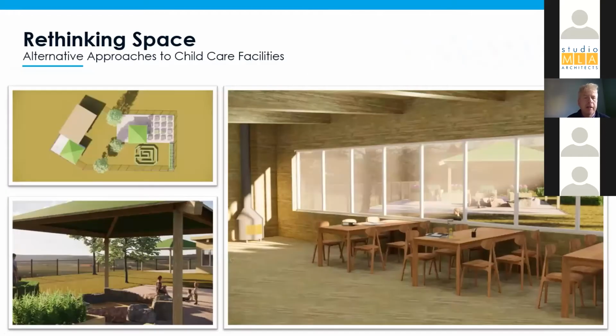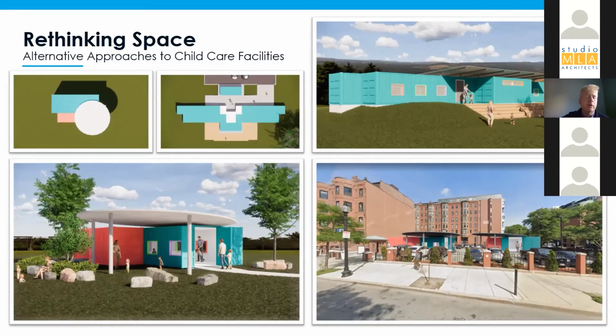I will say that in our studies, as we looked at costs in various locations, we did find that this is not a magic bullet for low cost, high quality childcare. But there are situations where, because of labor costs or because of shipping costs to remote areas, it does change the equation in terms of affordability.